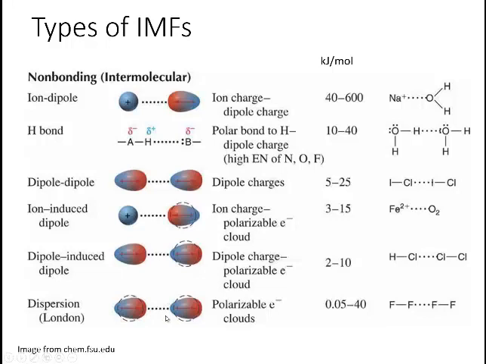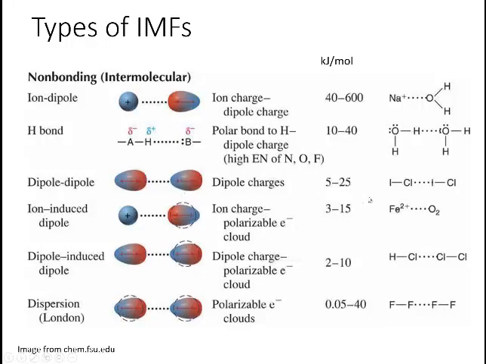Another type of intermolecular force that we talk about quite commonly is dipole-dipole. These are the attractive forces between polar molecules. ICl is polar; chlorine is more electronegative and pulls electrons towards it, so this molecule has a permanent dipole. The chlorine end is always slightly negative and the iodine end is always slightly positive. When two of these molecules interact, the negative end of one interacts with the positive end of another.